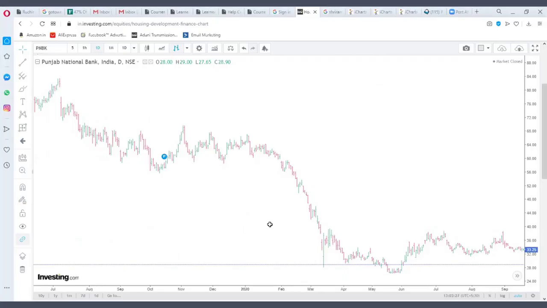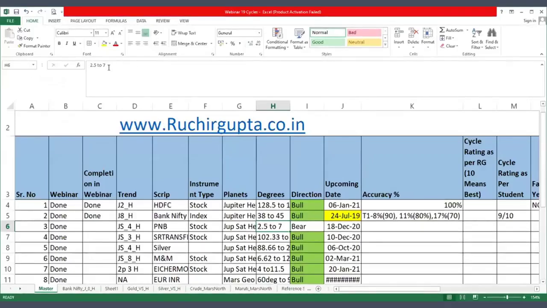Now what you are seeing here in Excel is 2.5 degrees to 7 degrees. For planets like Jupiter and Saturn, 2.5 degrees to 7 degrees is a very big area because they travel very slow.